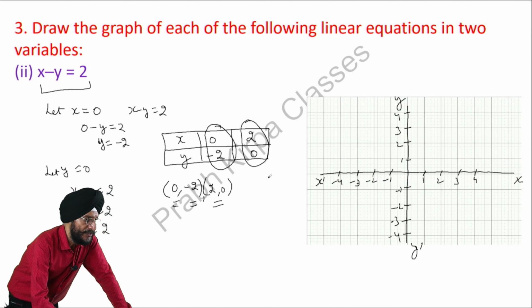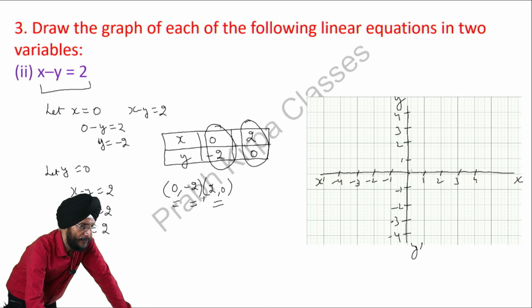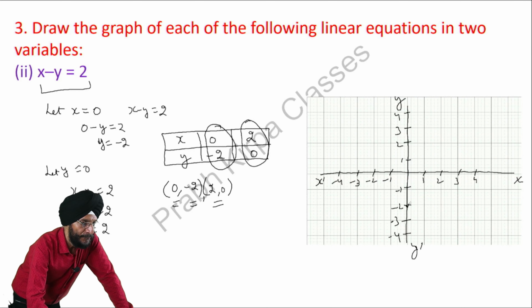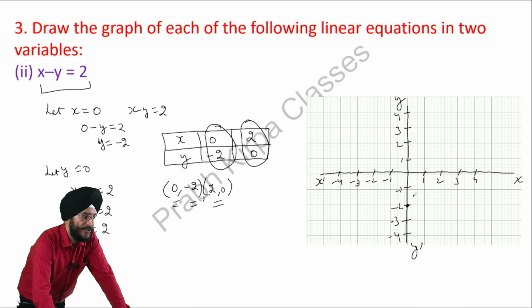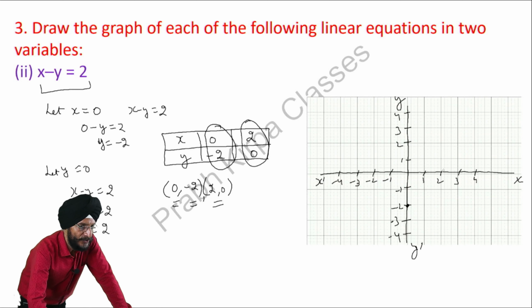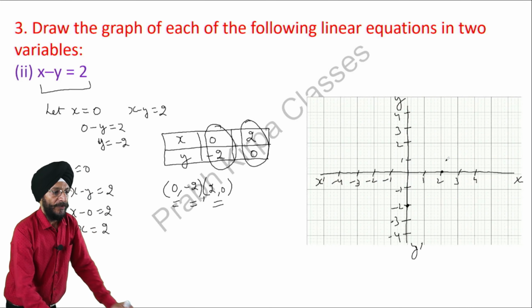Now what is the first solution? Here the value of x is 0 and the value of y is -2. That is the first point which is to be plotted here is this one. Now the next solution is value of x is 2 and the value of y is 0. Here this is the second point which we can plot.